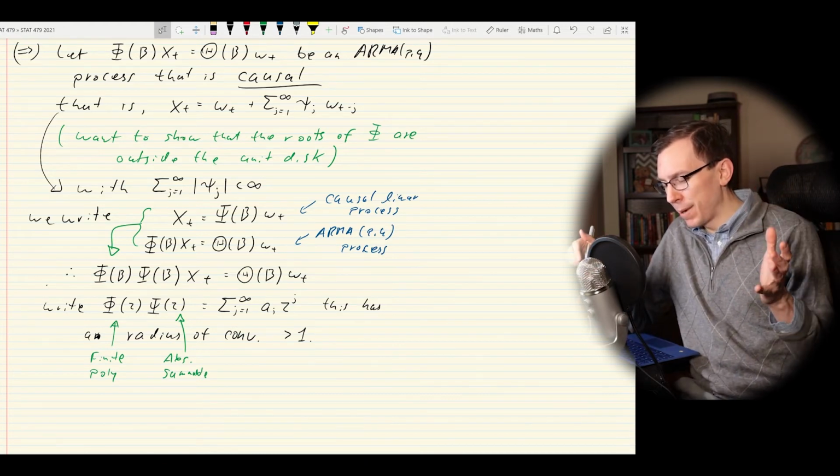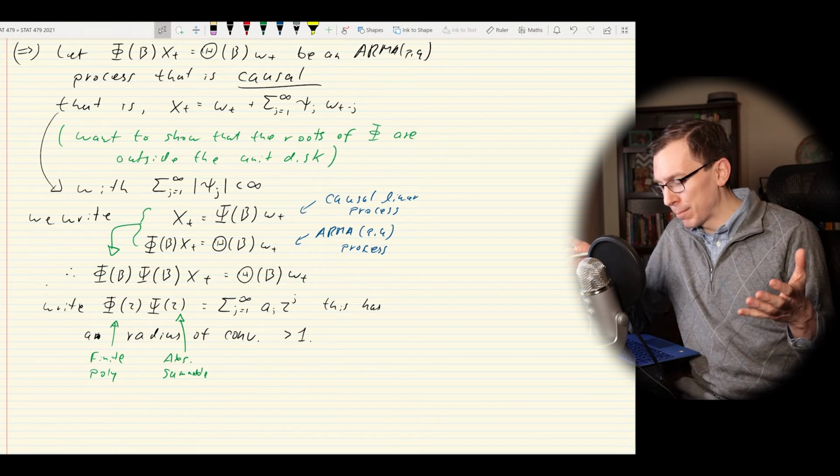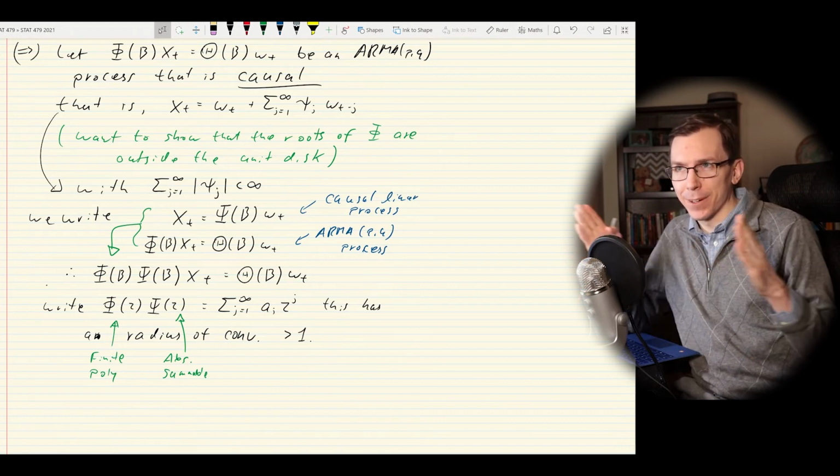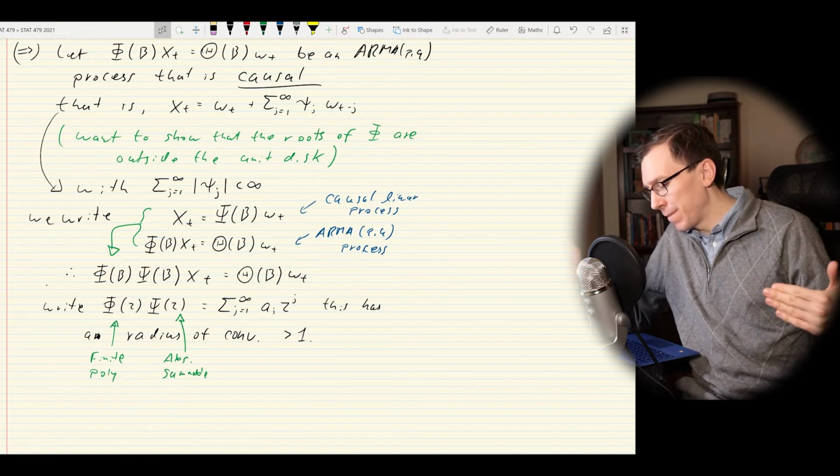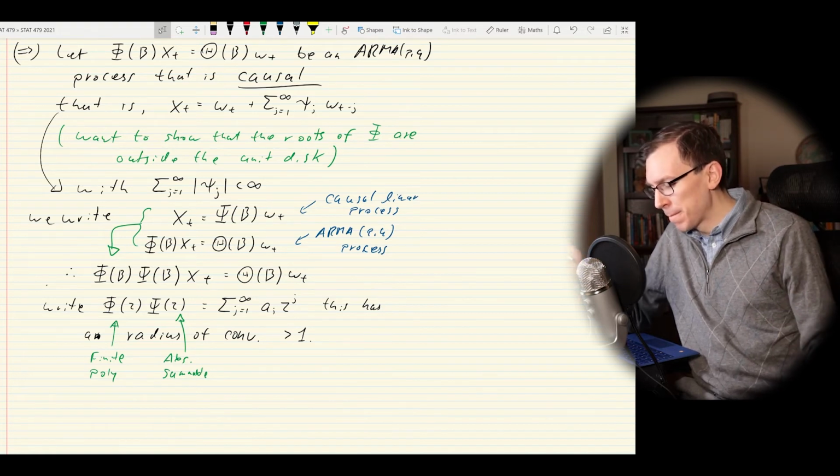If I have a finite polynomial in z and I multiply it by an infinite power series with absolutely summable coefficients, then I still get something that's summable.